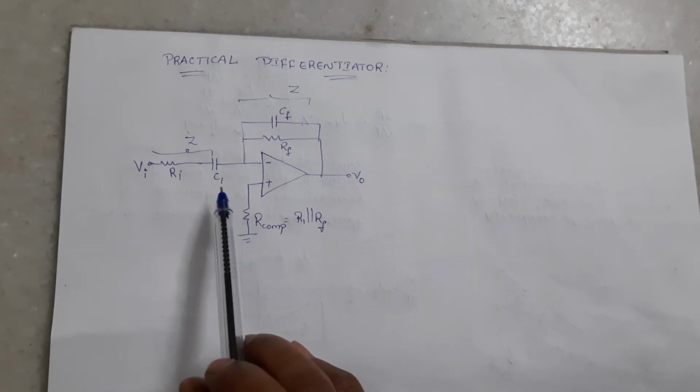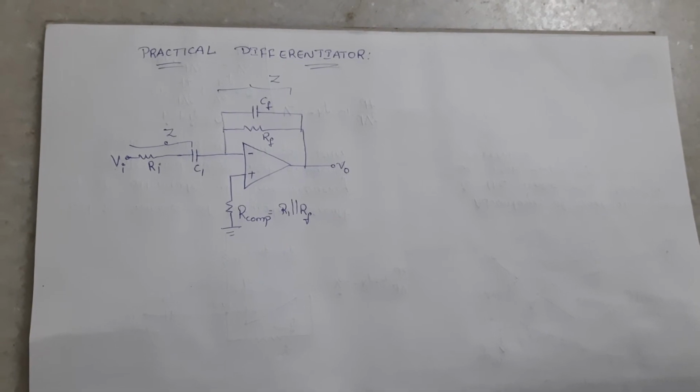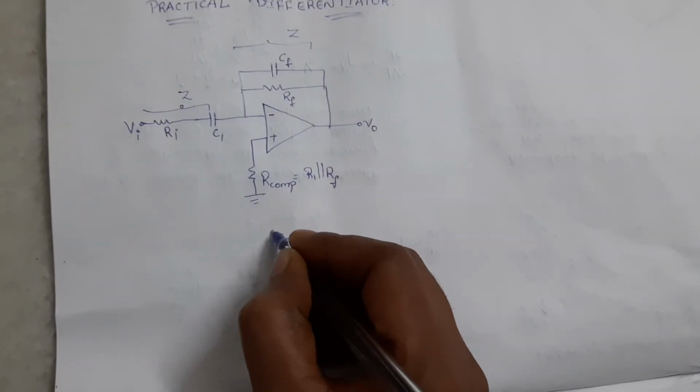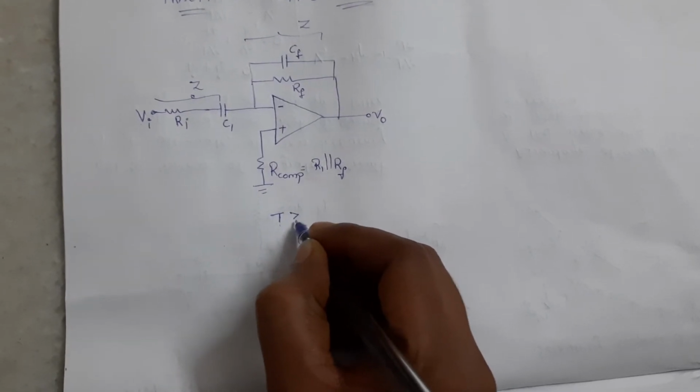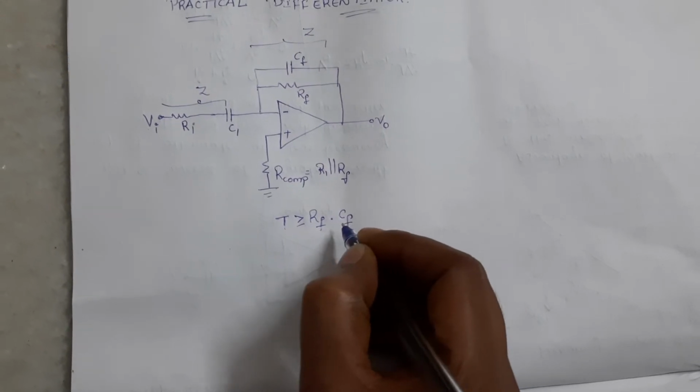The mathematical part is that in this practical differentiator circuit, we should assume that the time constant is greater than or equal to Rf into Cf.